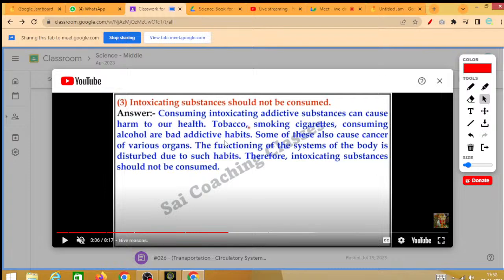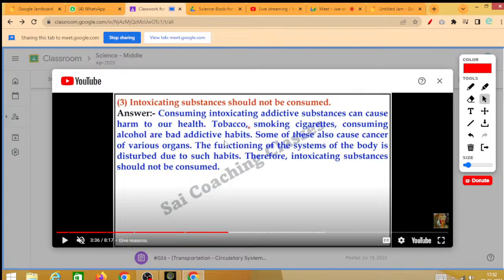Addictive habits. Some of these also cause cancer of various organs.